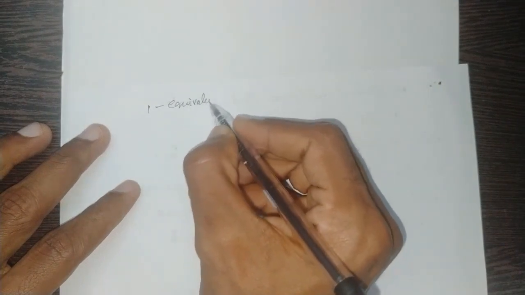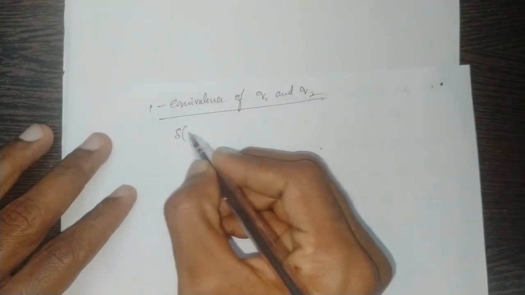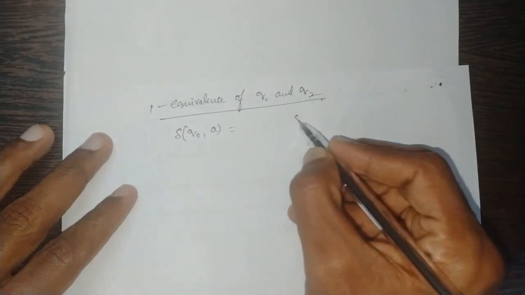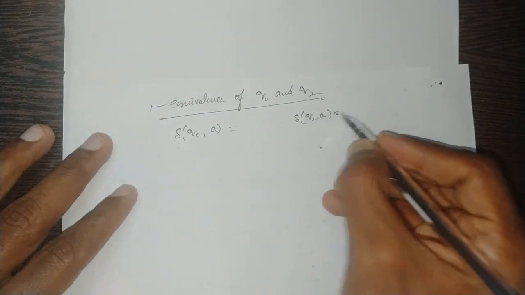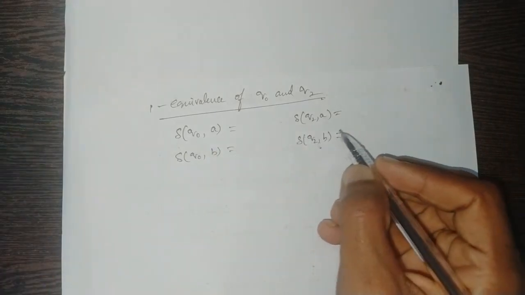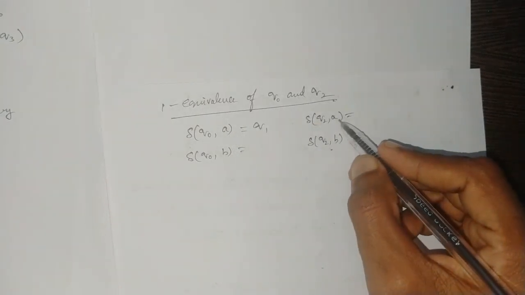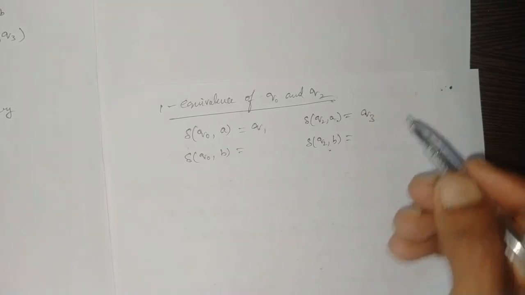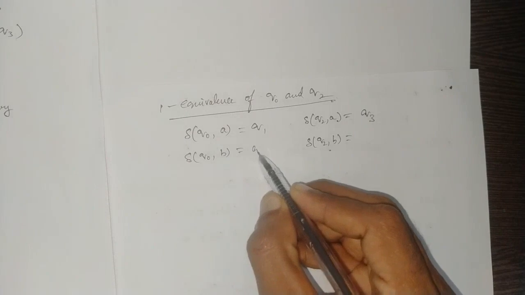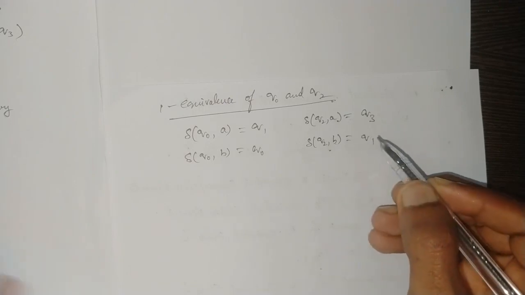Now check one equivalence of Q0 and Q3. That implies delta of Q0 at input A, delta of Q3 at input A, and Q0 at input B, Q3 at input B. By observing the table, at input A Q0 moves to Q1, at input A Q3 moves to Q3, at input B Q0 moves to Q0, and at input B Q3 moves to Q1.